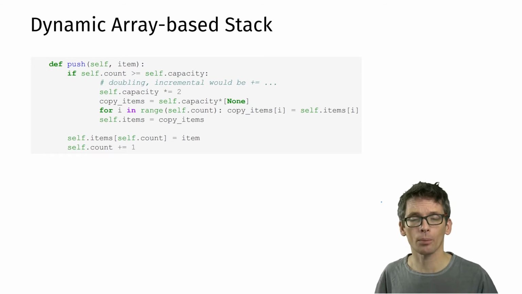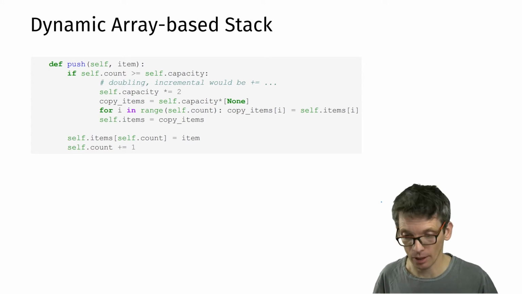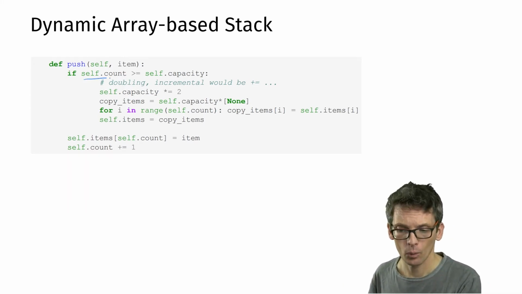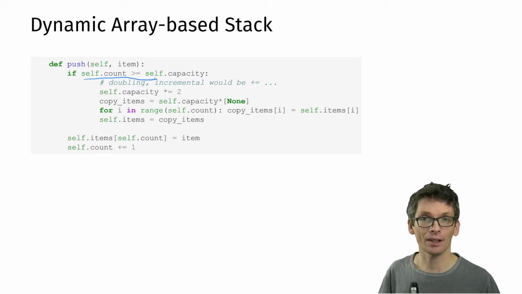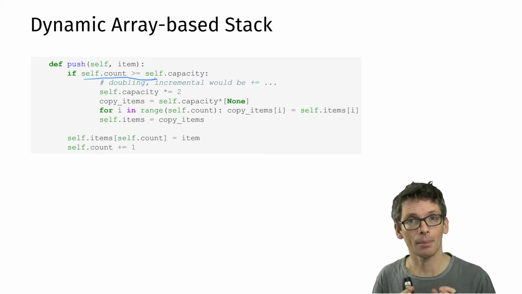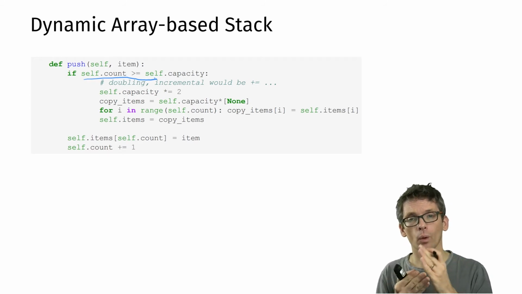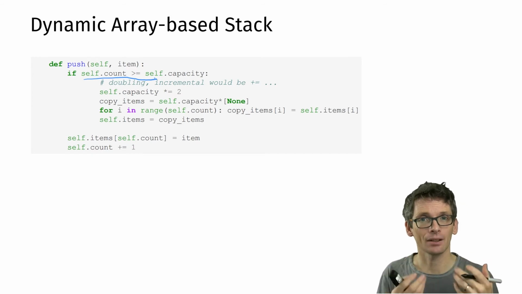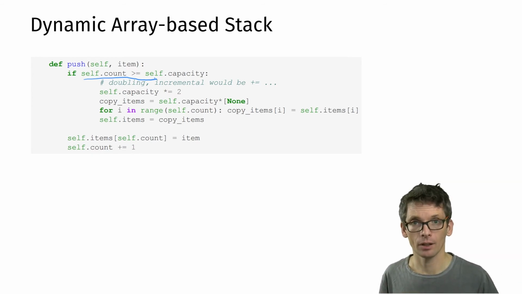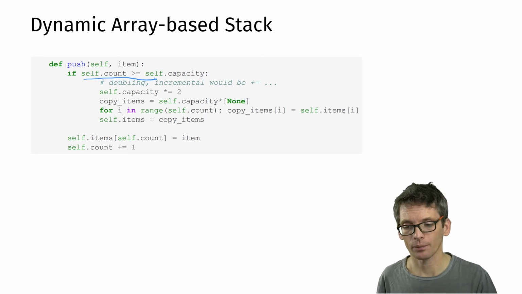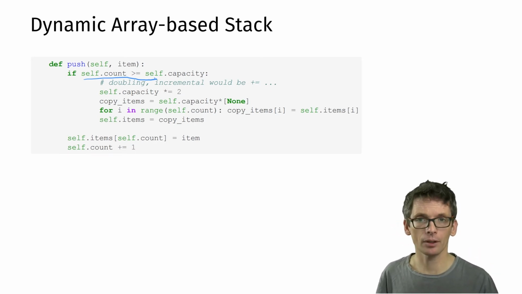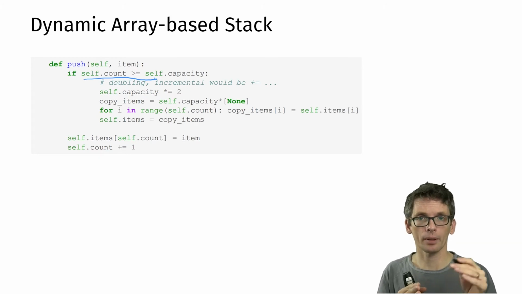This is how this might look. So here's the push operation for the stack, now using a dynamic array. So what does it do? We again have a capacity, just that the capacity is now not fixed. Whenever count is already capacity, meaning there's no space left, but now I want to insert an element, what I do is, and this is now the doubling strategy, for the incremental strategy we would be adding plus something.